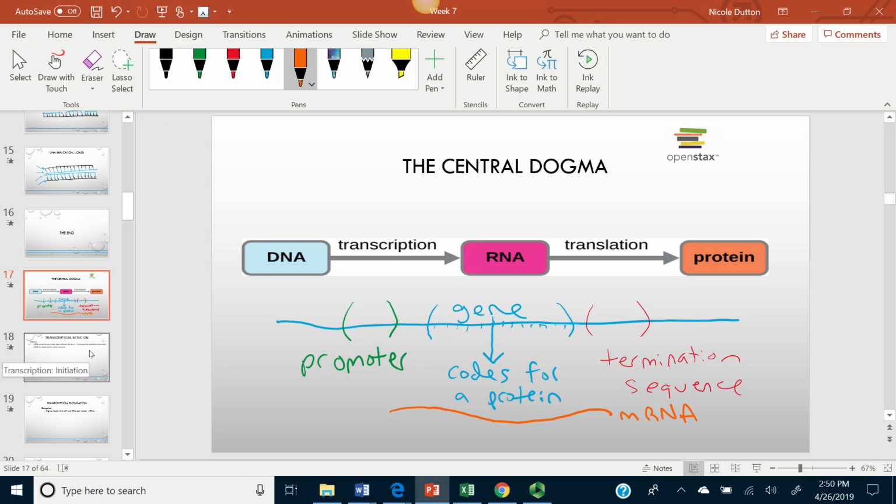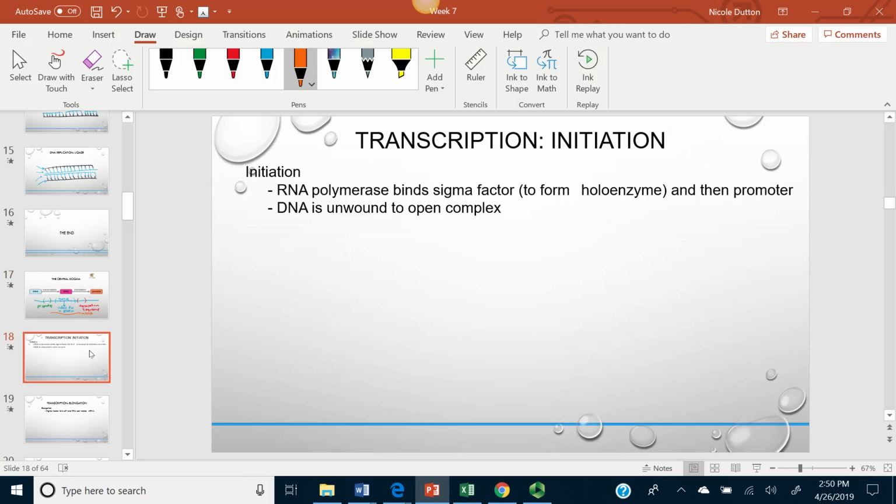So let's get into the process of transcription. Transcription is the process of making a messenger RNA copy of a gene of interest.